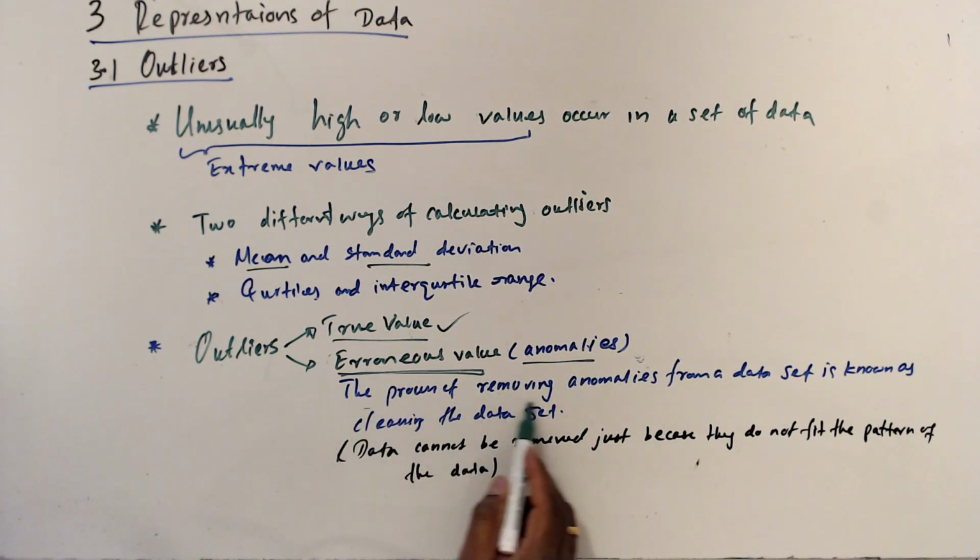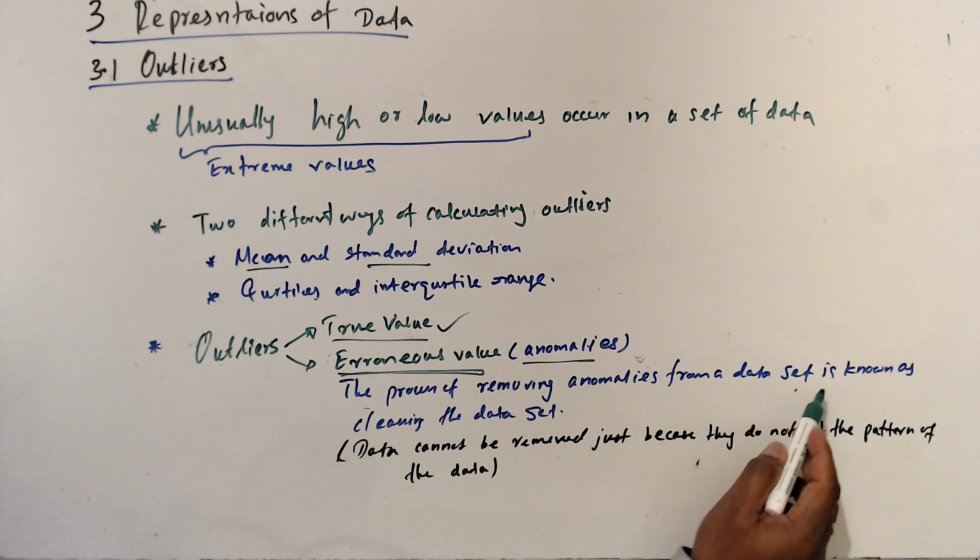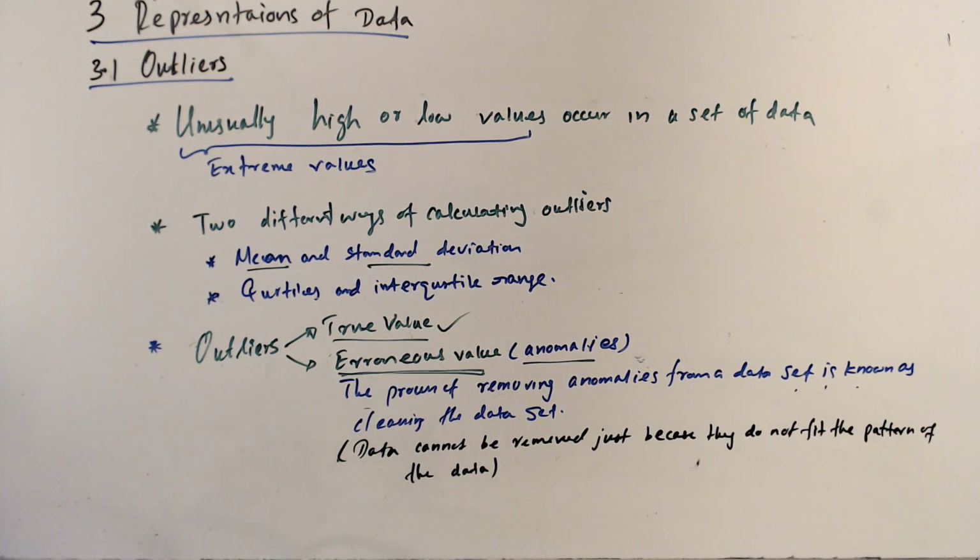The process of removing anomalies from the data set is known as cleaning the data set. But we can't clean just because values do not fit the pattern of the data. It has to be an erroneous value.